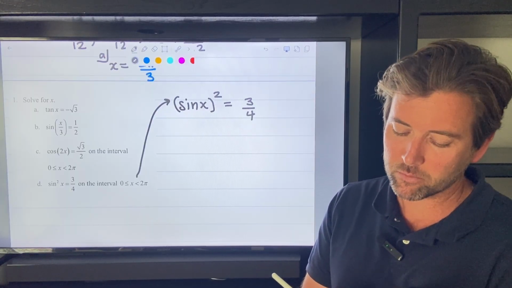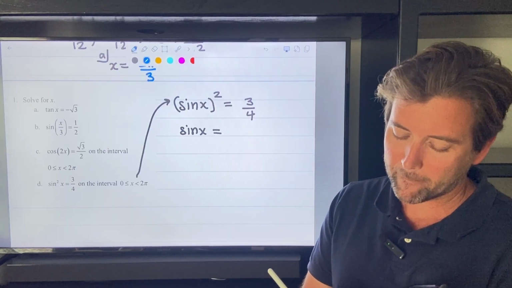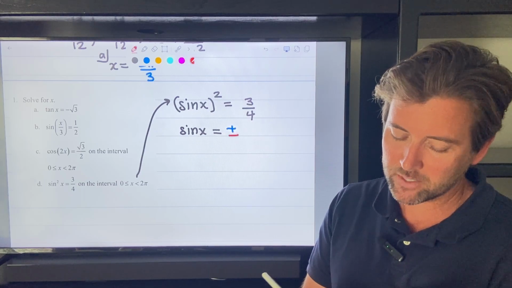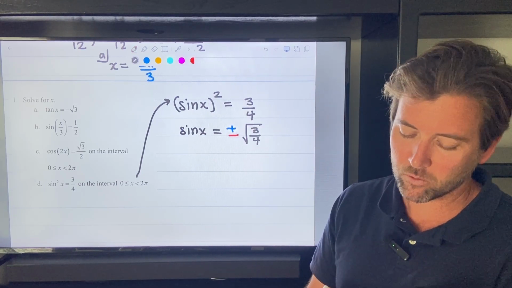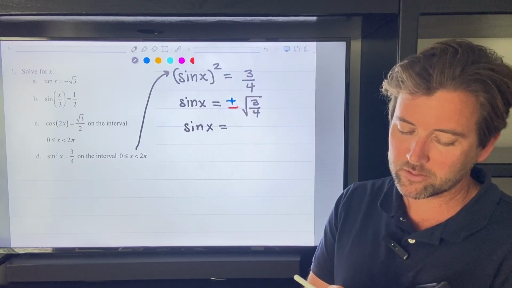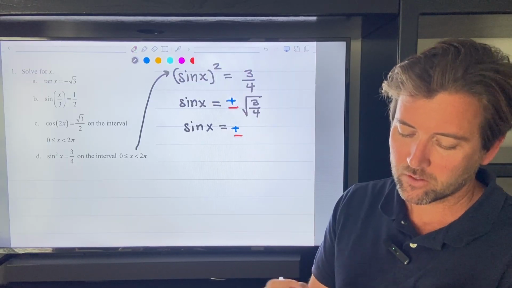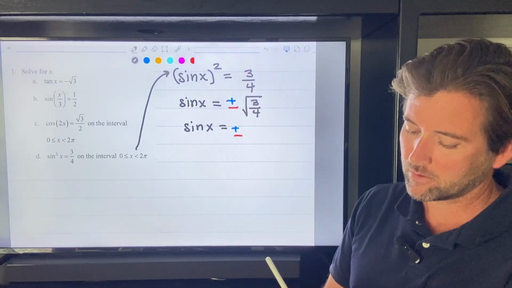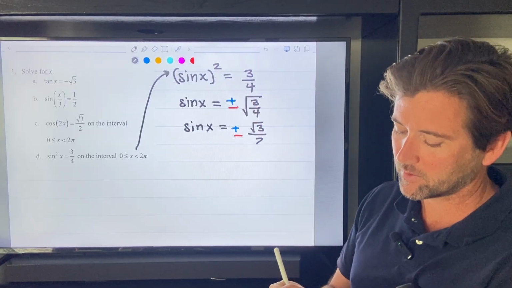So you take the square root of both sides, you get sine of x equals plus and minus the square root of 3/4. That simplifies to plus and minus the square root of 3 over the square root of 4, which is 2.